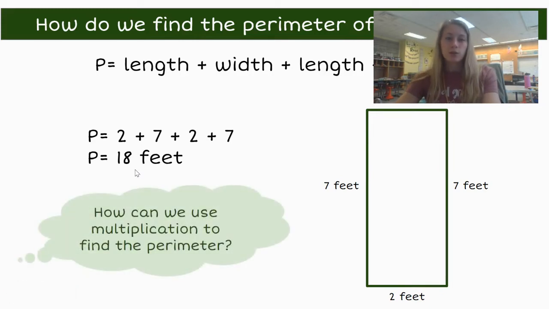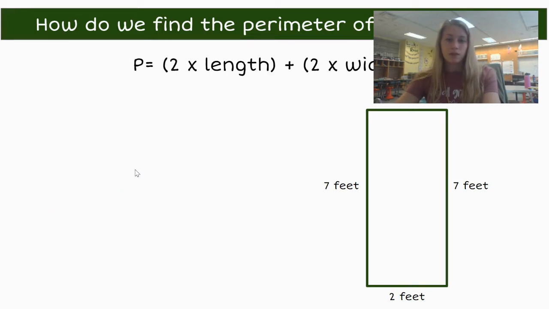Now I wonder, is there a quicker way? Could we use multiplication to find the perimeter? Let's see. So instead of adding each side length, we know that multiplication really just means repeated addition. So I wonder if I could just multiply the length, 7 feet, by 2 because we have 2 sevens.